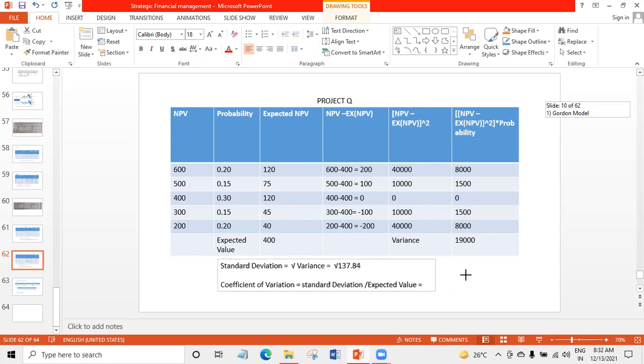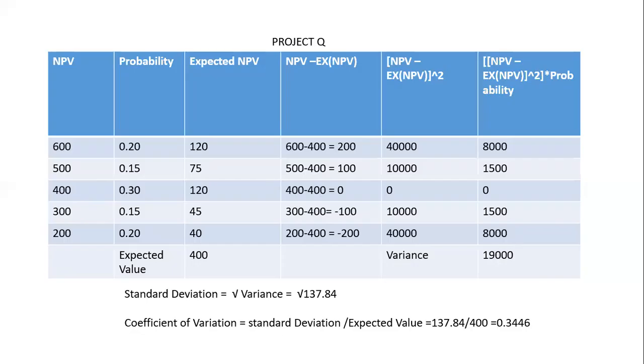Coefficient of variation is 137.84 standard deviation upon expected value 400, which is 0.3446.